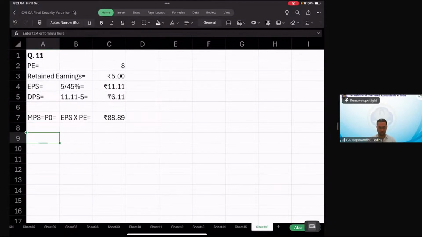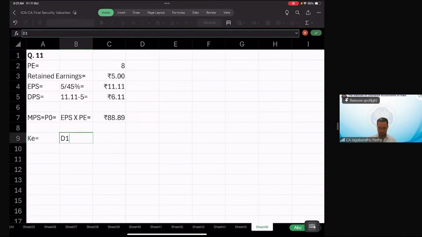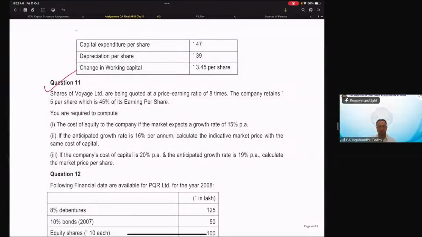After that, once market price per share has been derived, we can calculate the cost of equity as simply D1 upon P0 plus the growth. So KE can be computed as D1 upon P0 plus the growth. What is the dividend growth? The company retains 45%.